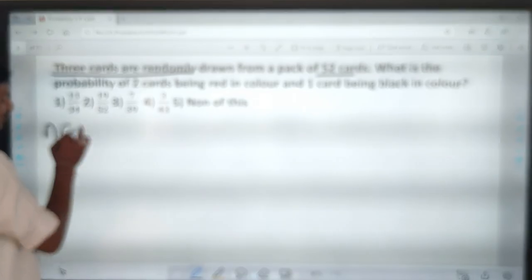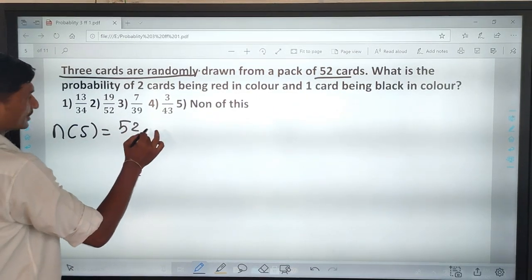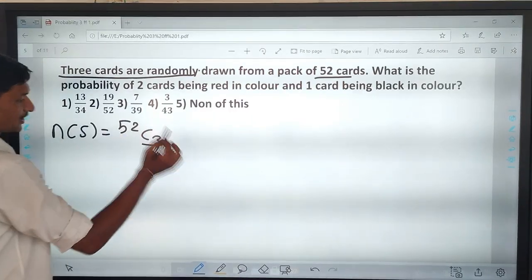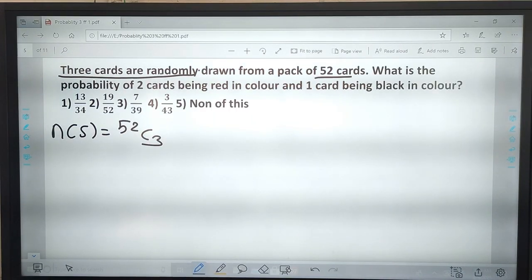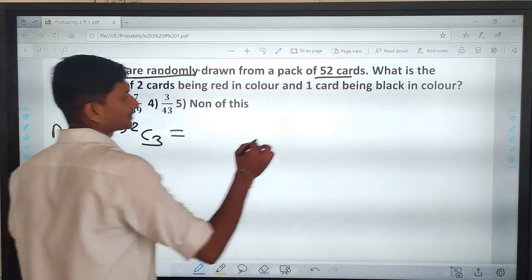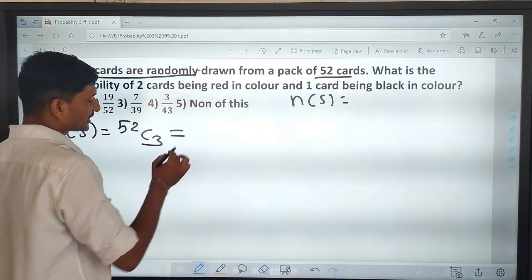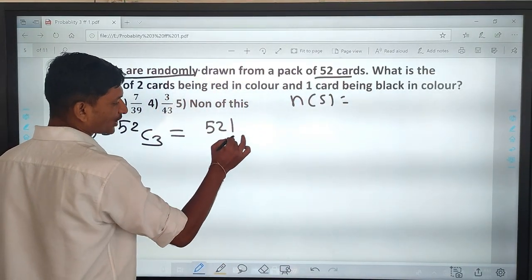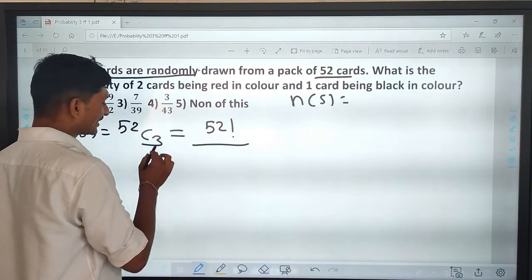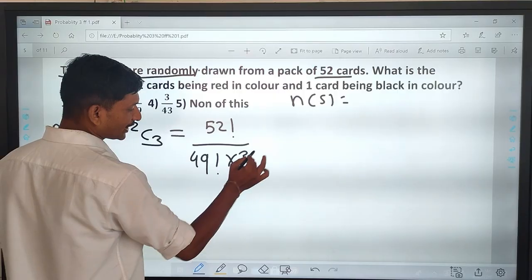Then n(S) is equal to 52C3. Here we find n(S). Then 52C3 is written as 52 factorial divided by (52 minus 3, that is 49) factorial into 3 factorial.